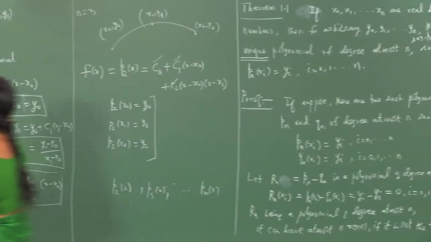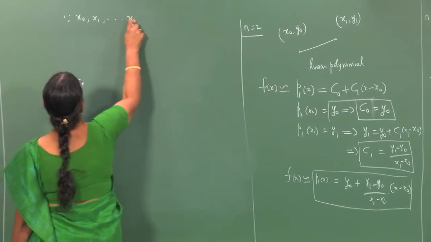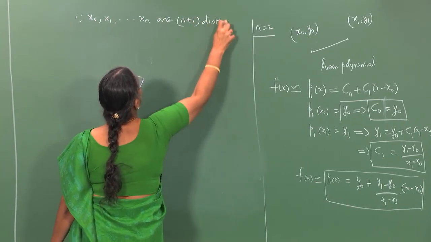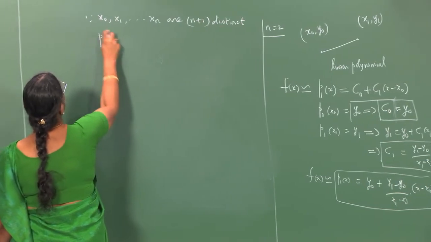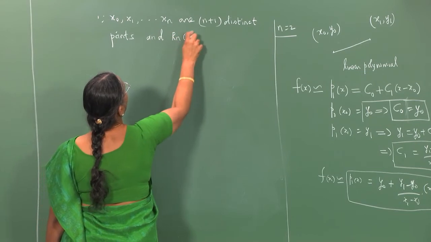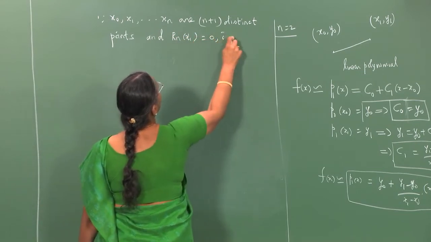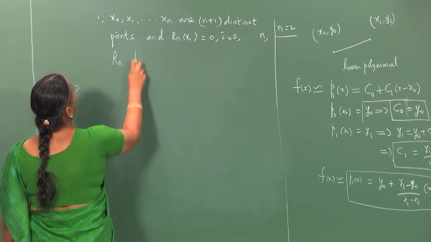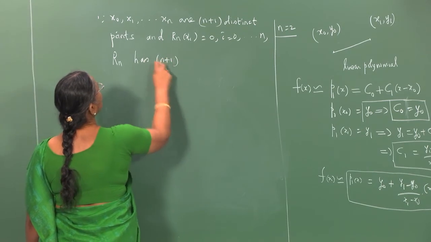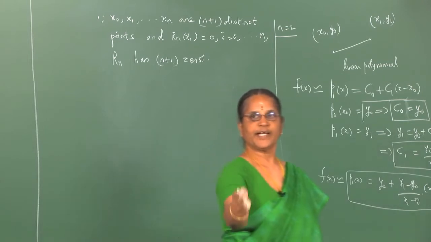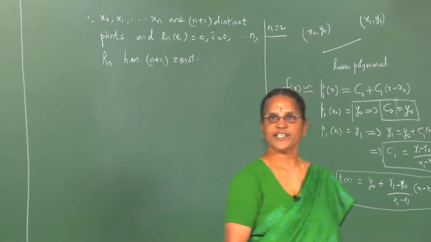Since x0, x1 etc. xn are n plus 1 distinct points, and Rn of xi is 0 for i equal to 0, 1, 2, 3 up to n, it is clear that Rn has n plus 1 zeros. What are its zeros? They are x0, x1 etc. xn.